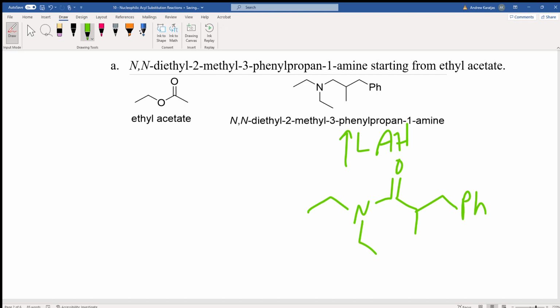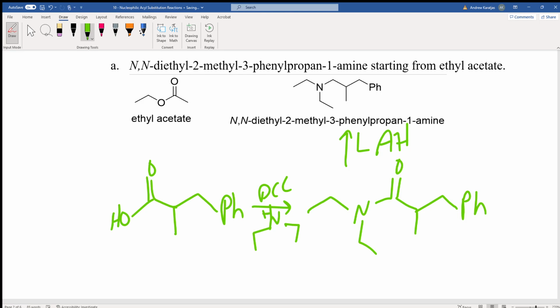Now, how do I make the amide? Well, I know that if I had a carboxylic acid, and I use DCC and this diethylamine, that'll form the amide.